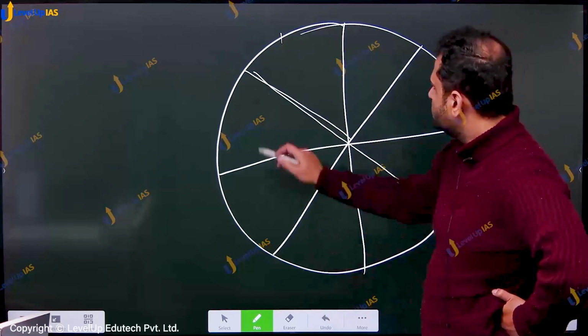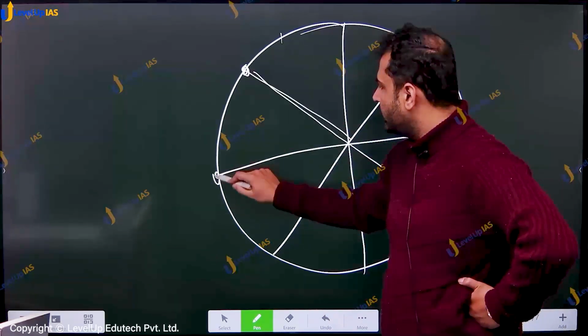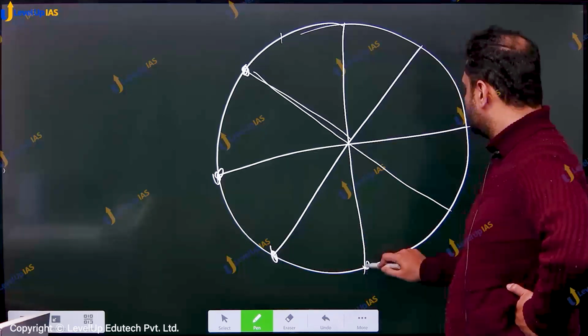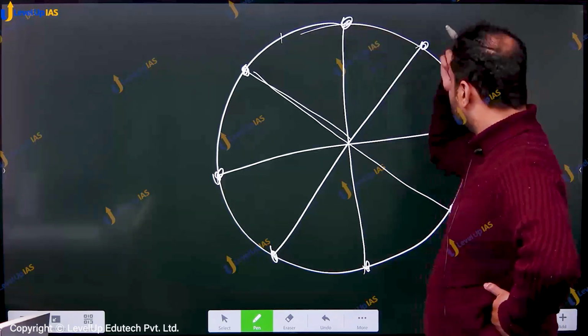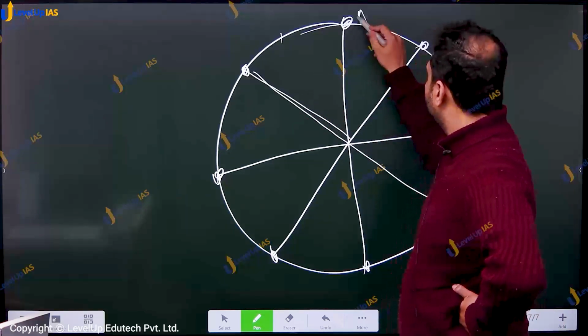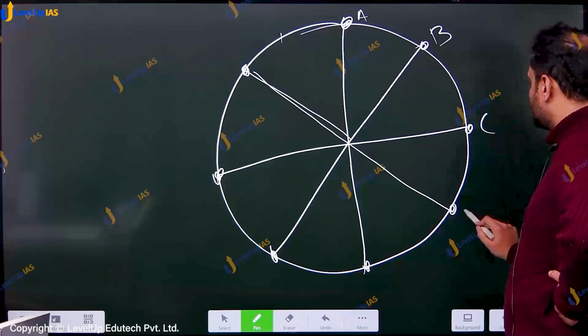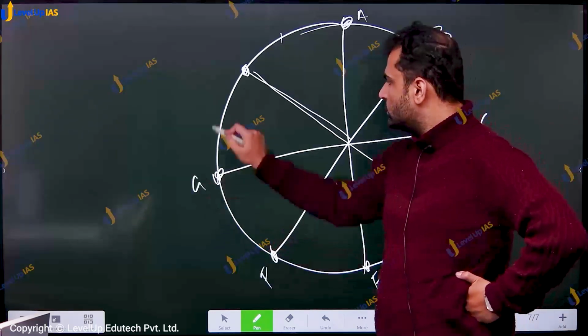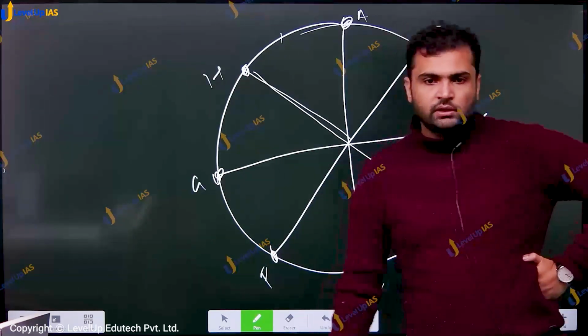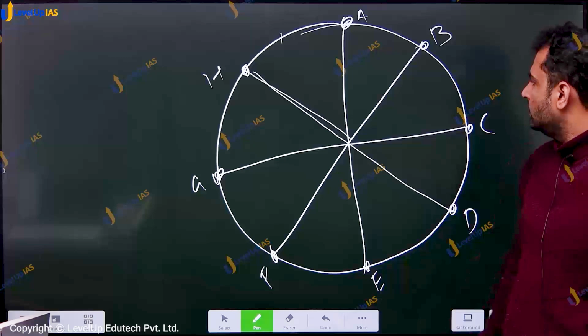Right. So let us say these are 8 equidistant points on circle. If you want, let me name them as well. Let me call them A, B, C, D, E, F, G and H.